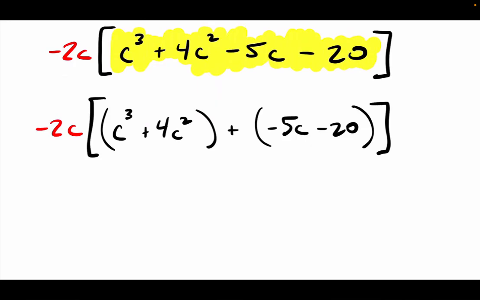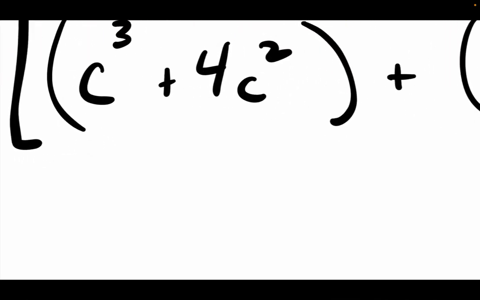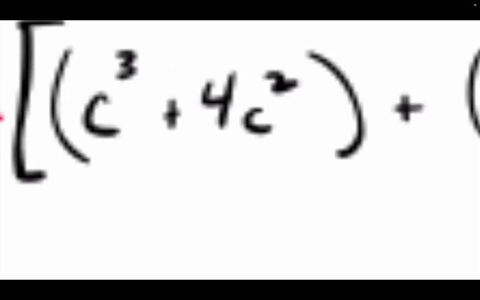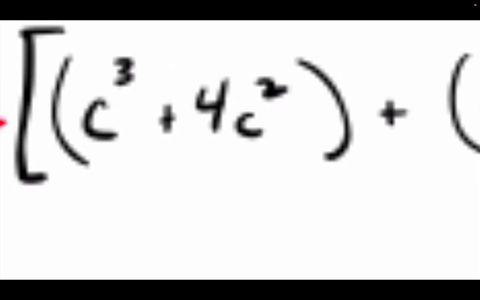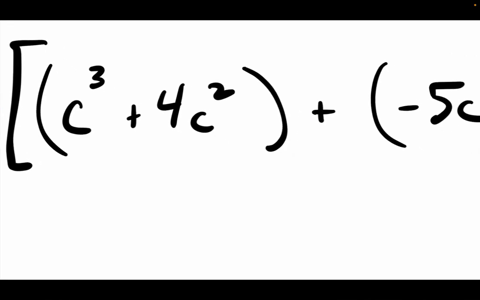Okay. Step 4, let's look at the first group in parentheses. That guy right there. Oops, super focus. What is the GCF of that guy? C squared, right? Yep, C squared.